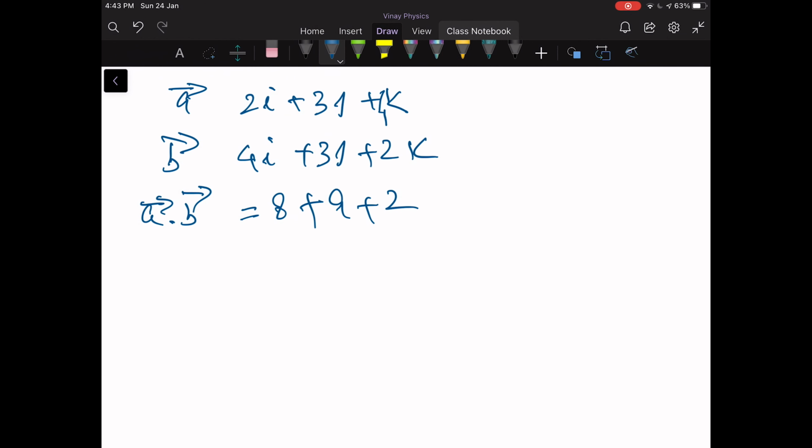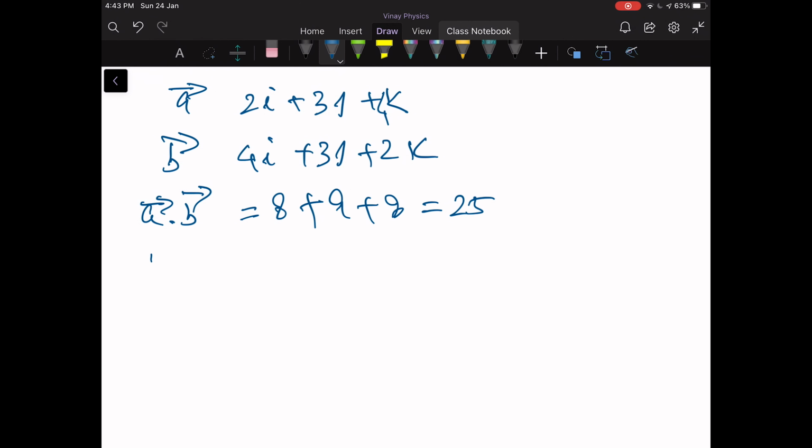Oh, this is 4k. So, this becomes 2 into 4, so 2 4s are 8. So, A dot B is 25.